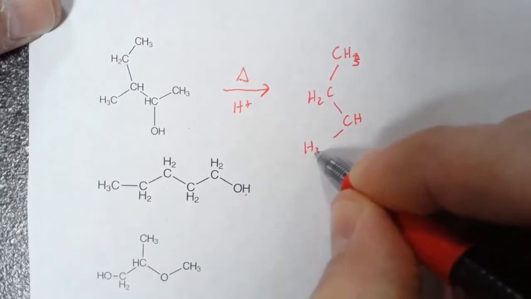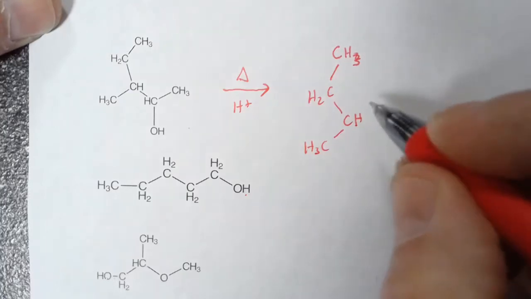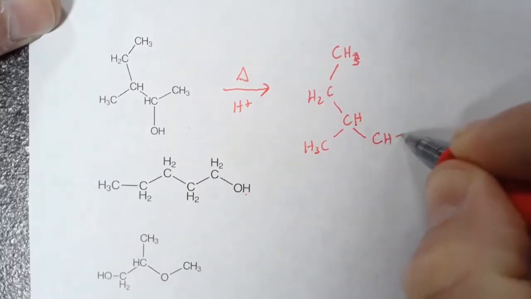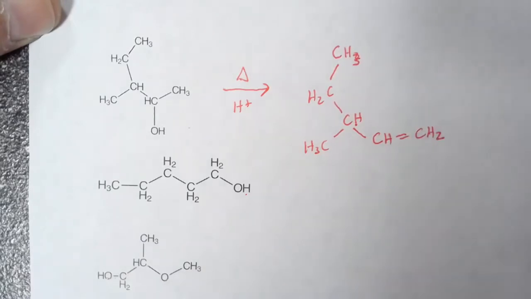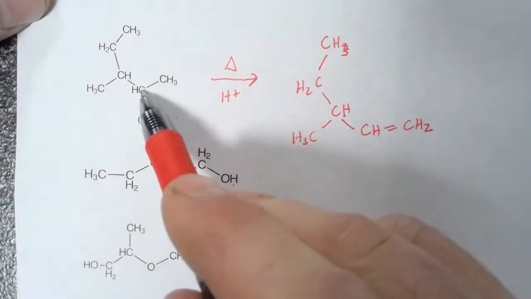So I'm going to draw this exactly as drawn here, except that I'm going to draw an alkene between this carbon and this carbon.